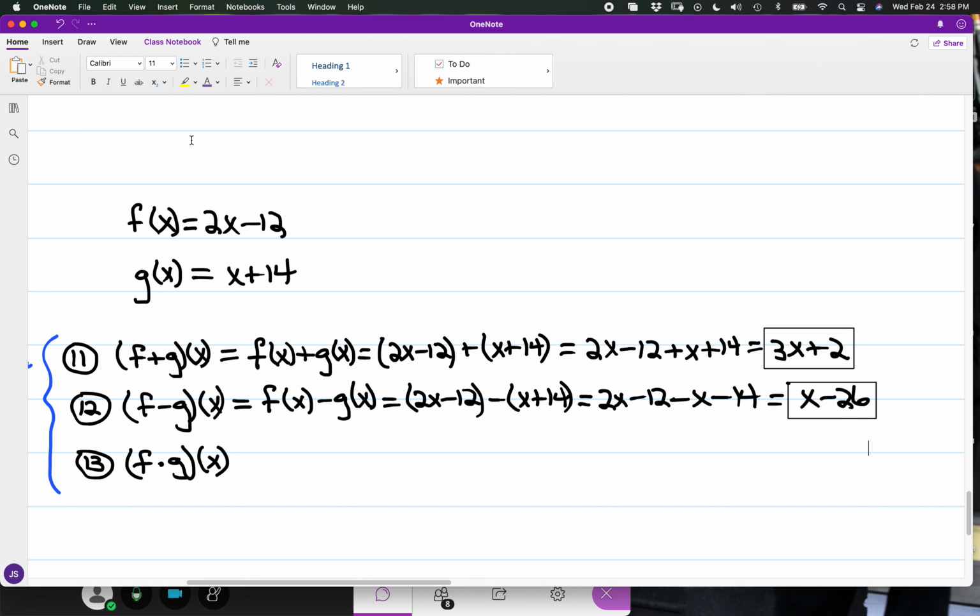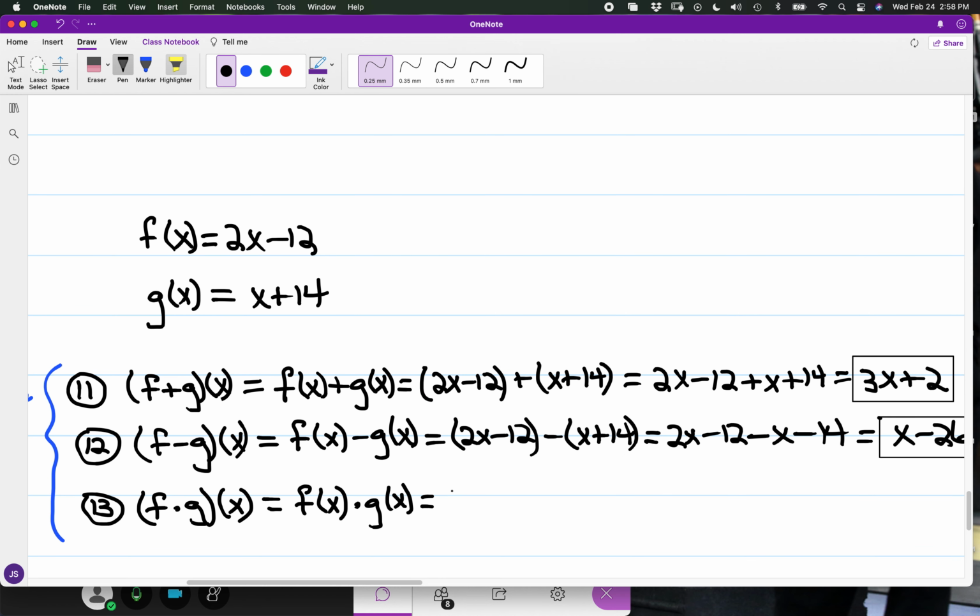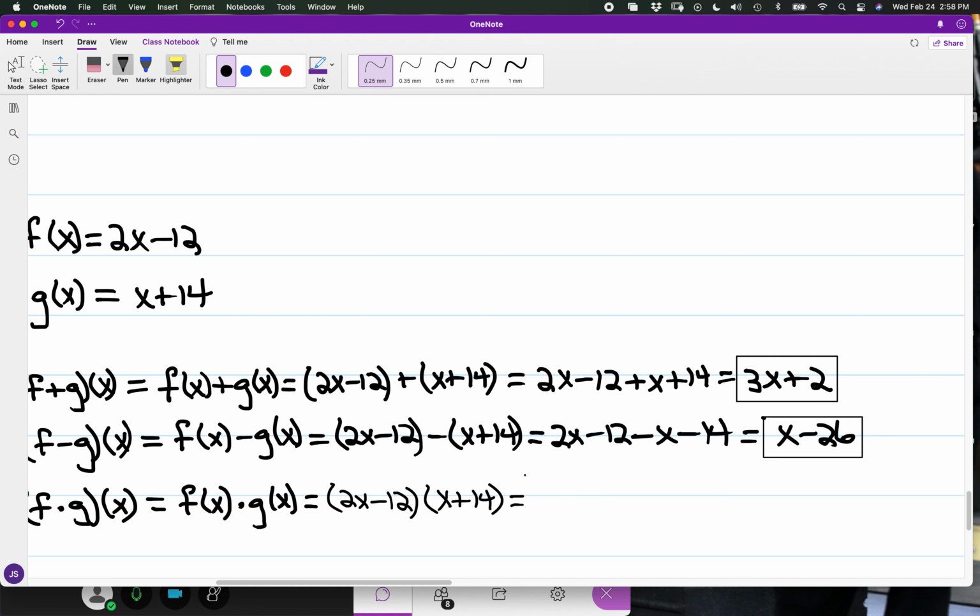And for the product function, we're looking at f of x times g of x. So we have 2x minus 12 times x plus 14, and looking at the attainment of the product, 2x times x is going to be 2x squared, and I'm just going to go ahead and gather the outside and the inside terms.